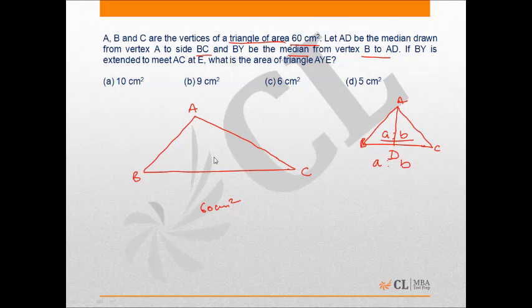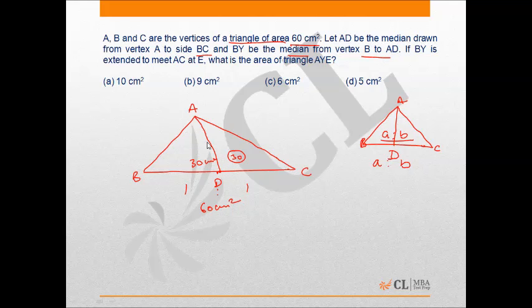So let us draw this median AD first. It will divide BC into 1:1, hence the area will divide in the same ratio. This is 30 centimeter square and this is also 30.